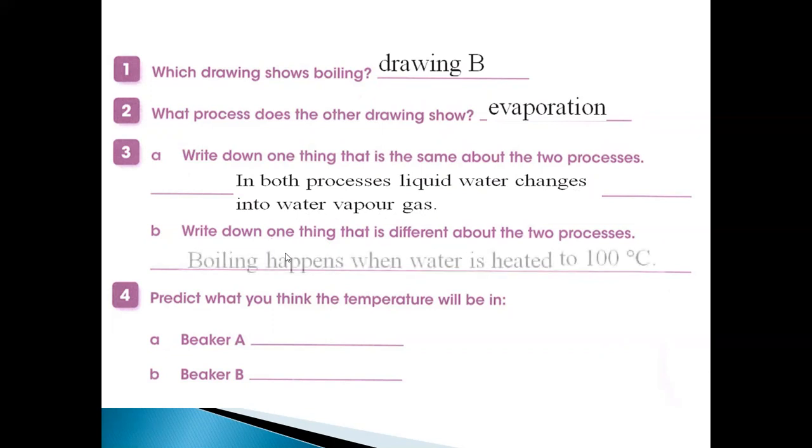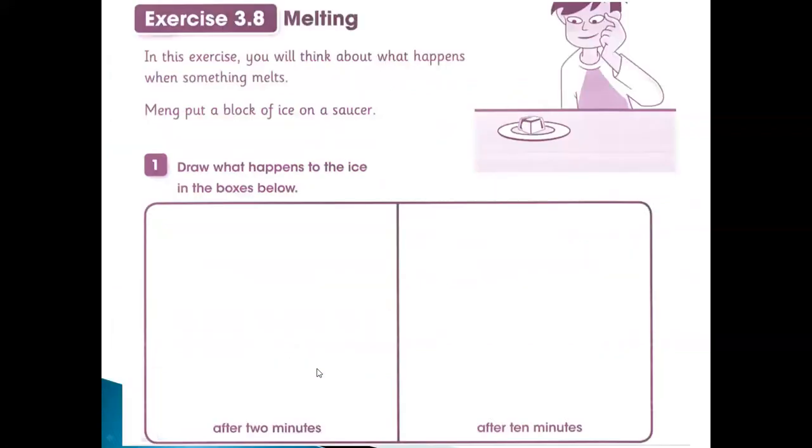Boiling happens when water is heated to 100 degrees centigrade, because one of them we put on the stove. Predict what you think the temperature will be. For A, this is 20 to 40. Beaker B is boiling, so this should be 100 degrees centigrade.